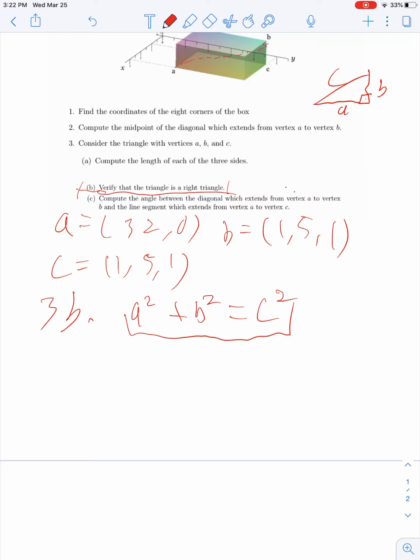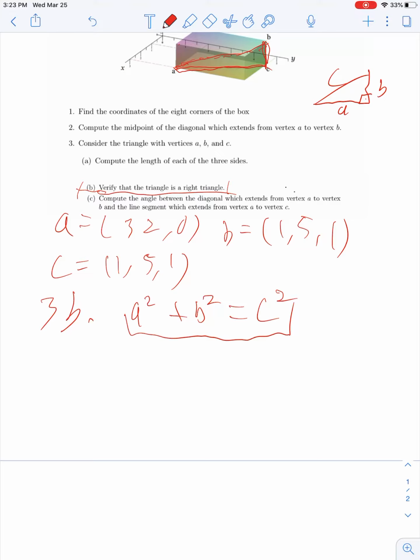So now we're just checking if this right here is a right triangle. We're checking to make sure that it is.